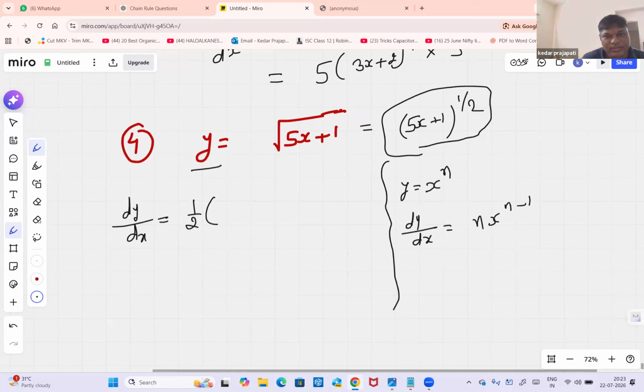Okay, step markings are there. (5x plus 1) to the power half minus 1, into d by dx of this much inside. So inside is 5x plus 1.